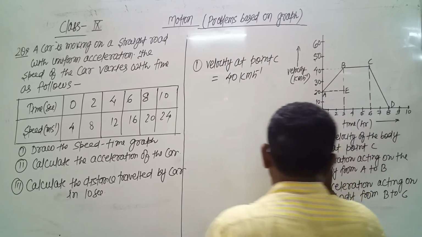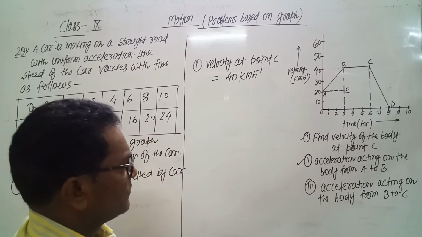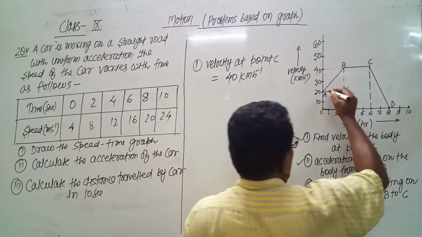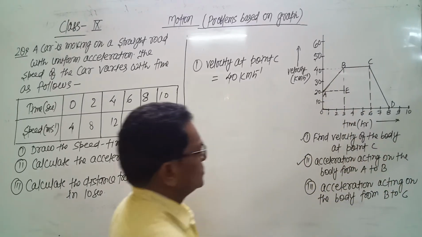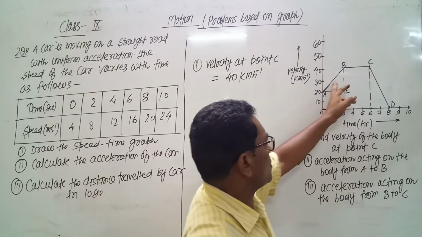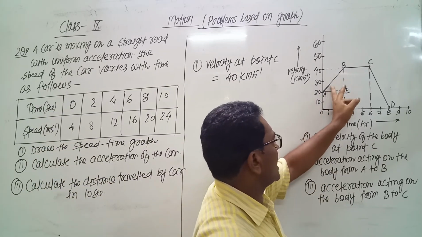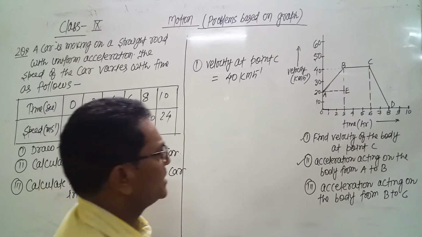Now second part: the acceleration acting on the body from A to B. Graph AB is sloping upward. Why sloping upward?